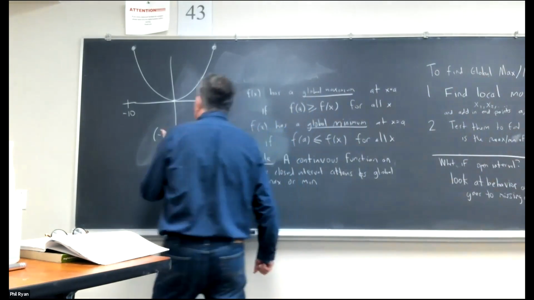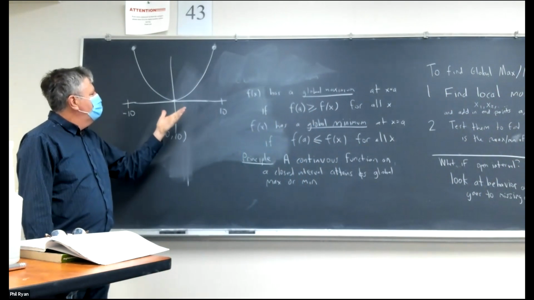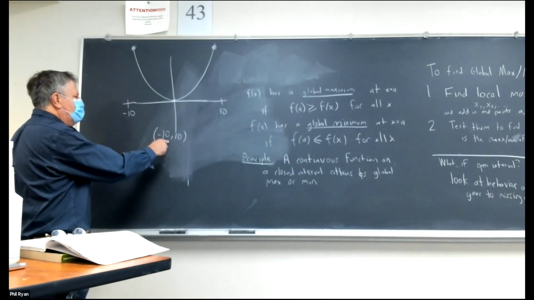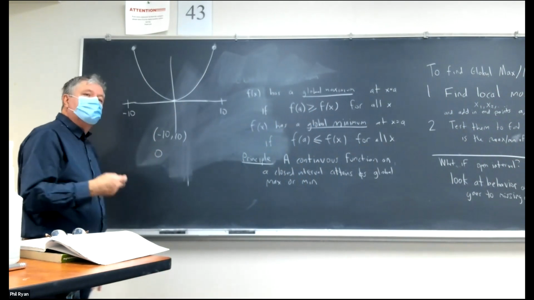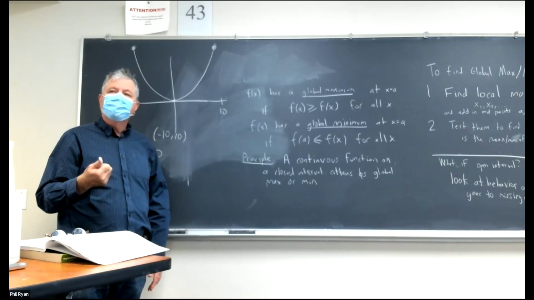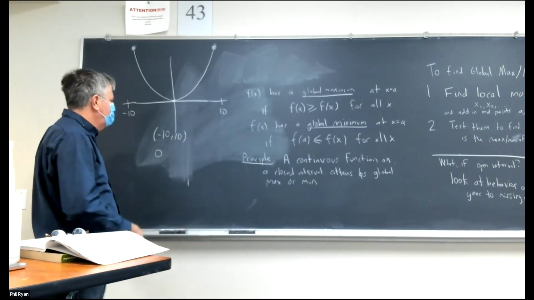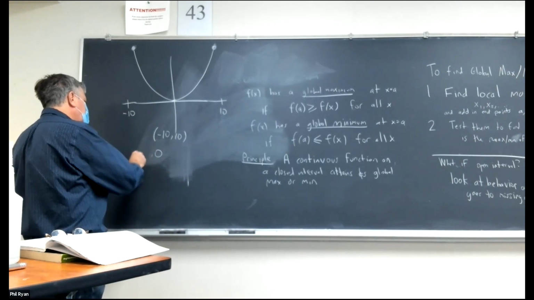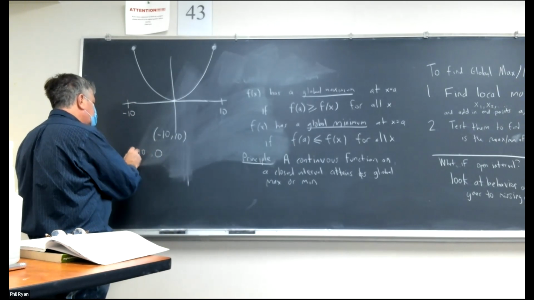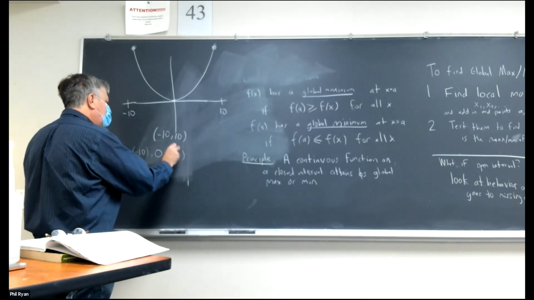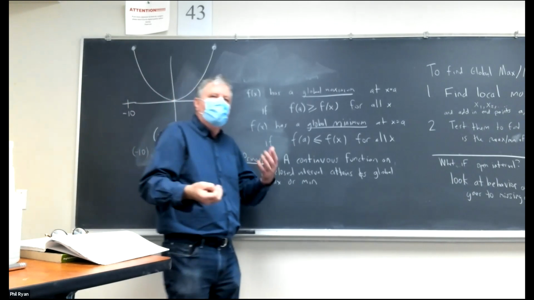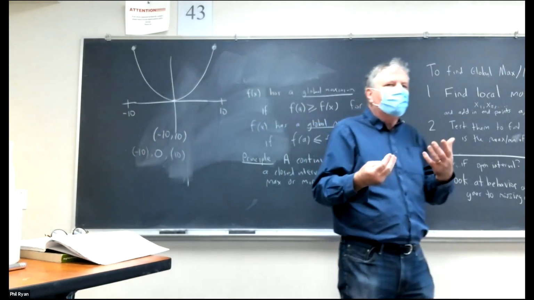So like for this thing here, the candidates are 0, right? 0 is a critical point, so we're always going to look at that. And then we have to look at, well, what happens as it goes to minus 10? What happens as it goes to 10? Realizing that 10 and minus 10 aren't really part of the problem.